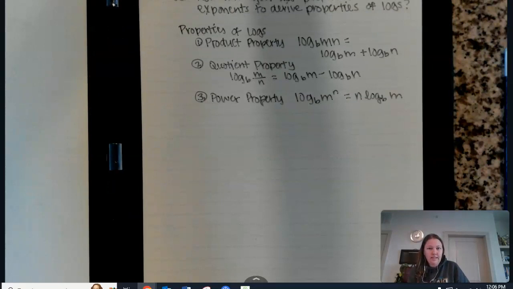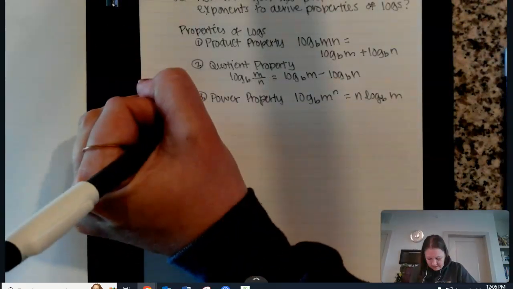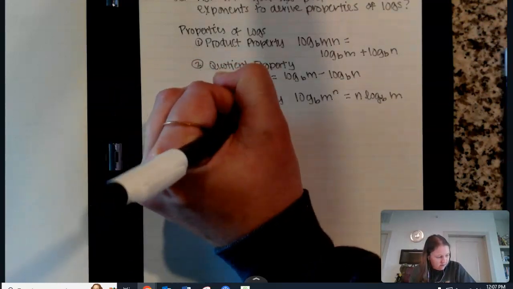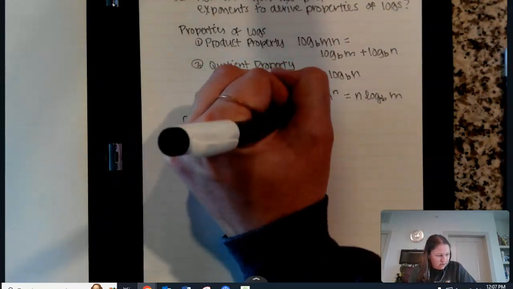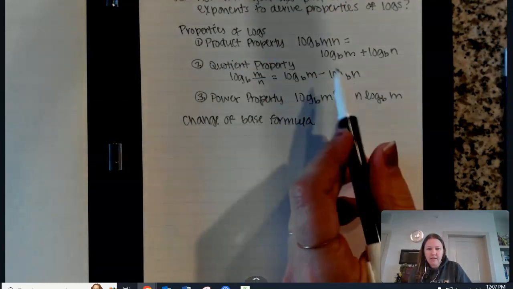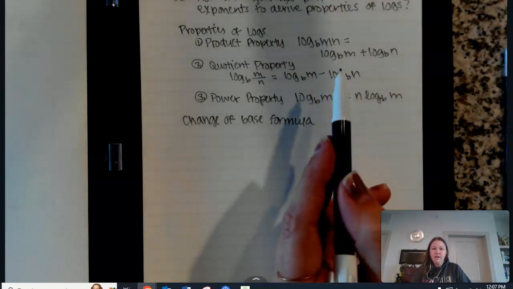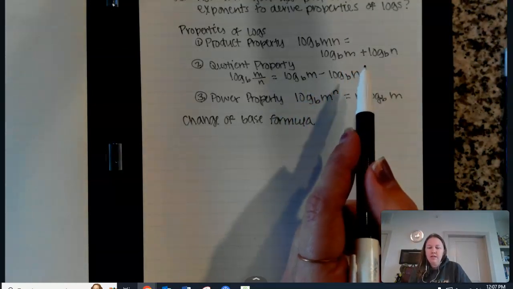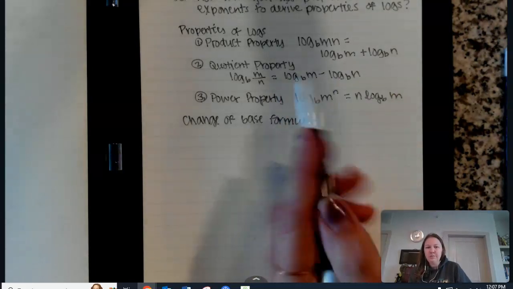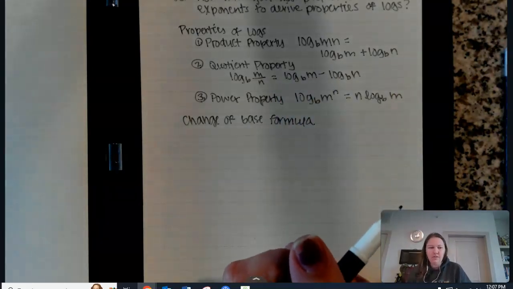And then the next thing that we need to talk about is your change of base. Notice how all of these have the same base b, right? So if you have log base b of m plus log base q of n or something like that, you'll need to change the bases so that they can be the same so that you can actually combine them.